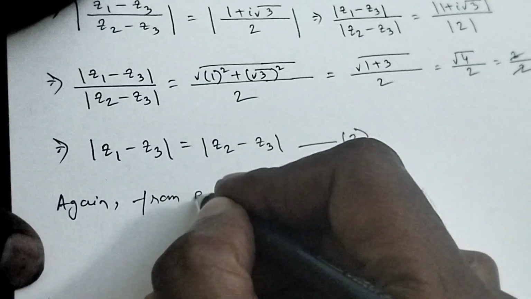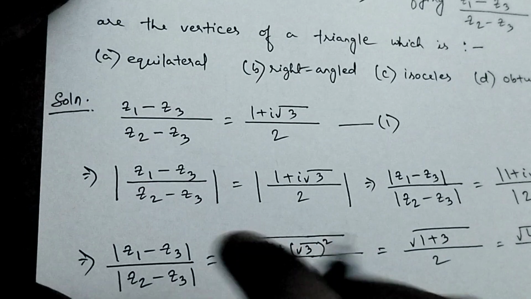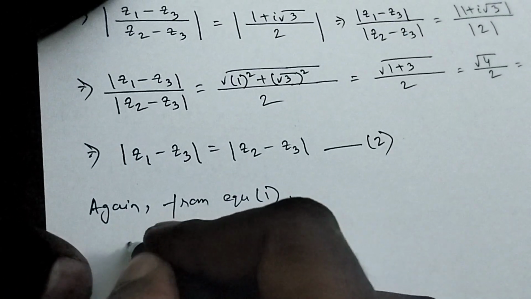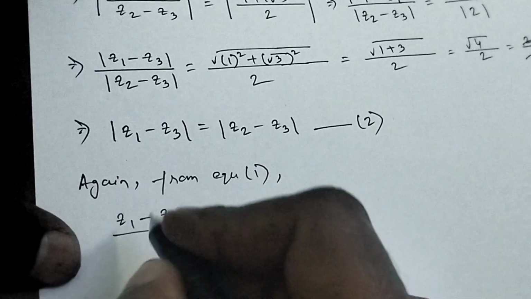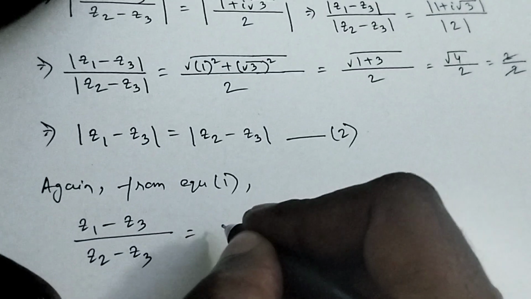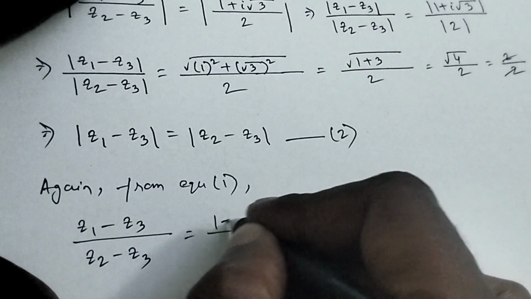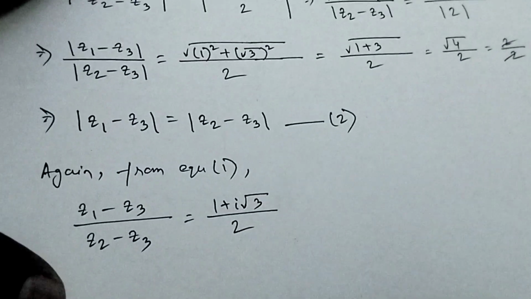Now again from equation 1, what was equation 1? (z1 minus z3) by (z2 minus z3) is equal to, what was there, (1 plus iota root 3) by 2.